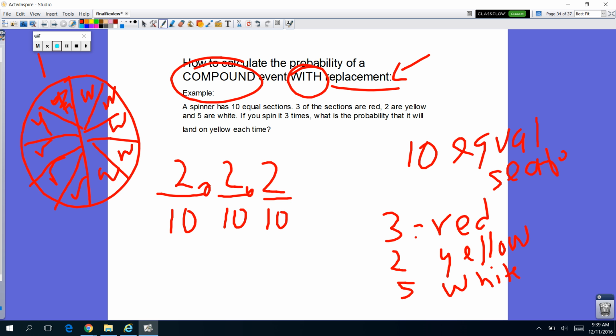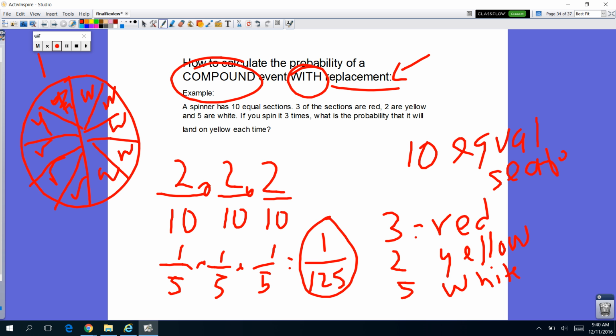Okay. Now, I can simplify it, and that's 1/5, 1/5, and 1/5, and then multiply. Okay. 1 times 1 times 1 gives me 1, but 5 times 5 is 25 times 5 is 125. Okay.